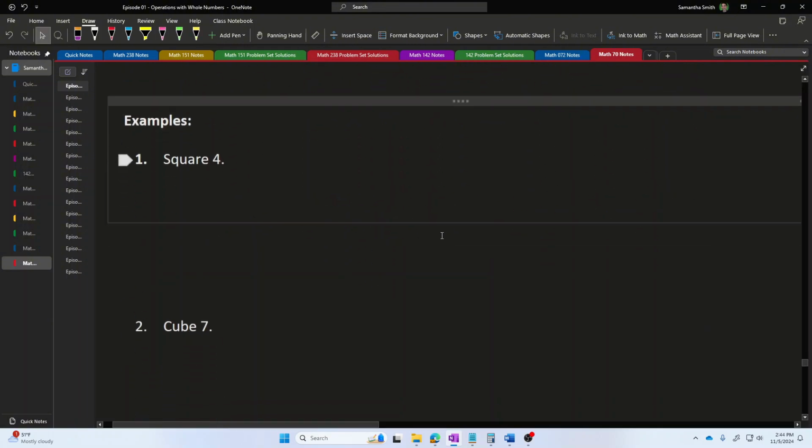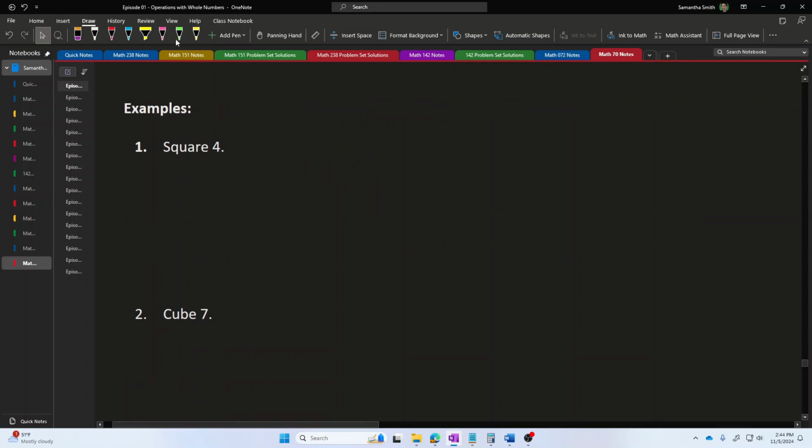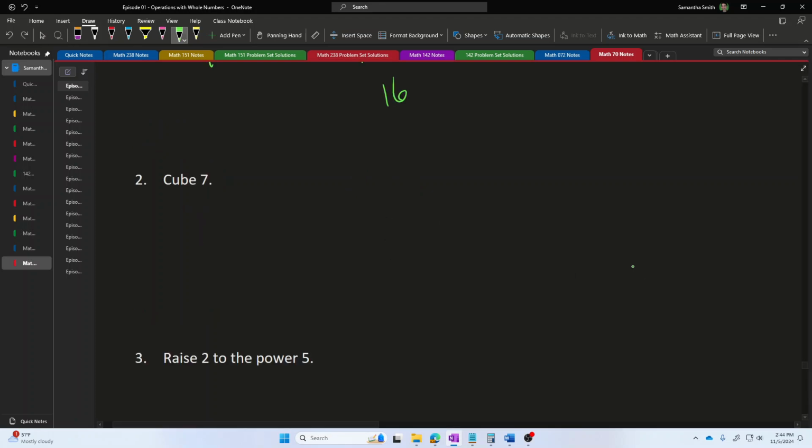So for example, if someone says to me, square 4, apply an exponent of 2 to the base of 4. Raise 4 to the power 2. This is saying take 2 copies of 4, multiply them together, and the result of that is 16. If someone says to me cube 7, they're saying take 7 and apply an exponent of 3.